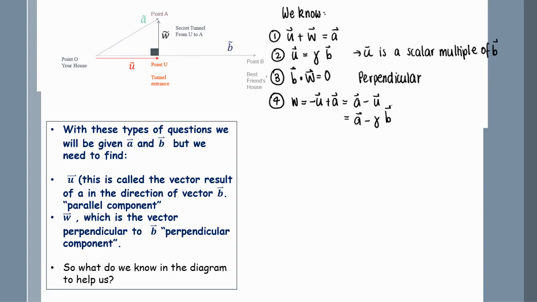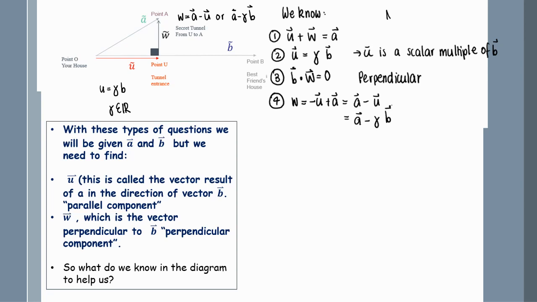Okay, we've got to put all of this together. And I know it looks like a lot, but once you've done it once, this all becomes quite familiar, and we use the same process to find U, W, and the length of U all the time. Whenever you get a vector projection question, try and draw a rough sketch.